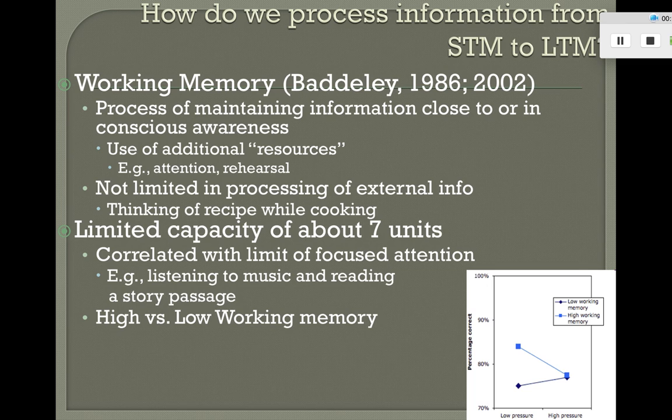Under a high pressure situation, they're already accustomed to only focusing on one or two pieces, so they may be able to filter out something like personal pressure or anxiety that they may be feeling. But a person who has high working memory capacity may feel that pressure, and thus their performance may decrease in that situation. So that may be one thing that we want to consider here in terms of individual differences.